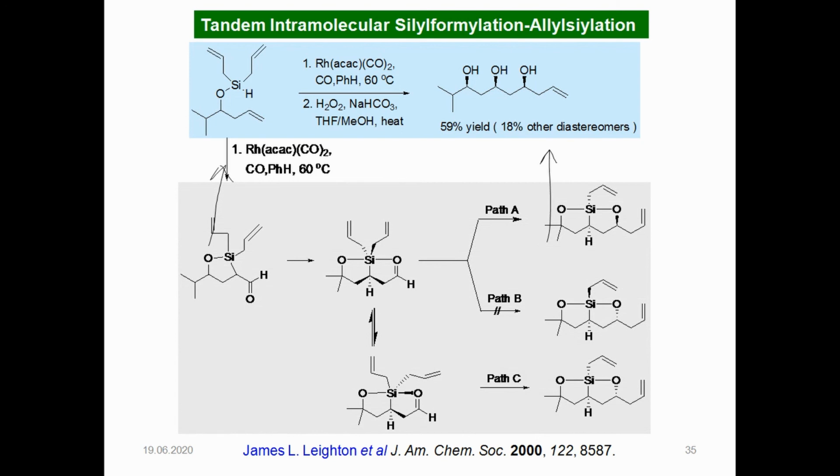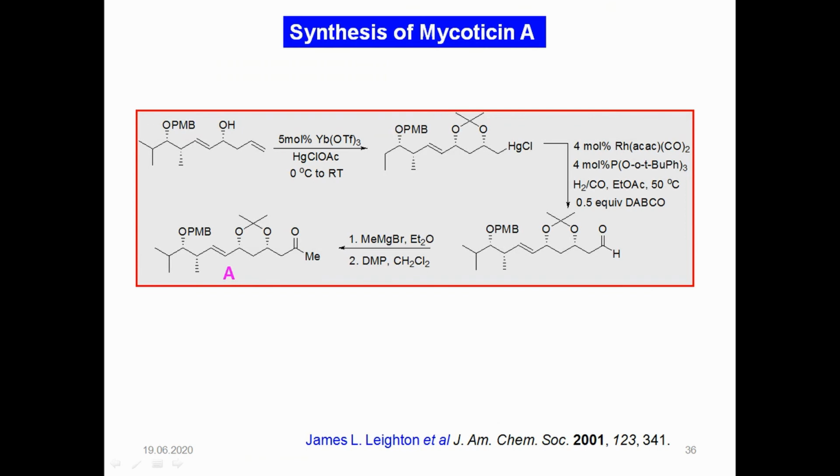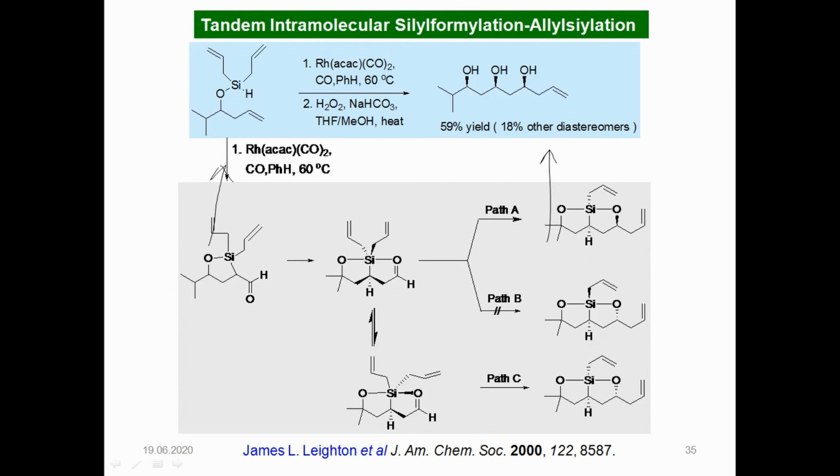So you are getting first this silyl O-allyl compound. Then this compound will break, and you are getting these 1,3 polyols. This mechanism is very typical, so please go through the mechanism. I am suggesting this to prepare 1,3 polyols, but I am also not familiar with the mechanism. You can go through the mechanism by using this paper, Leighton's paper.